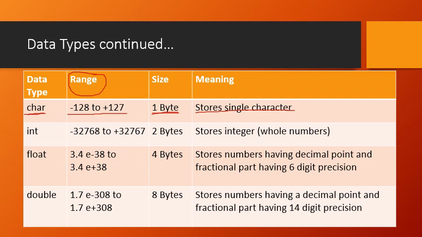Just to give a hint what this range actually is: 1 byte, as I said, consists of 8 bits, right? You need to write 8 bits consecutively like this. Say, for example, 1 1 0 1.